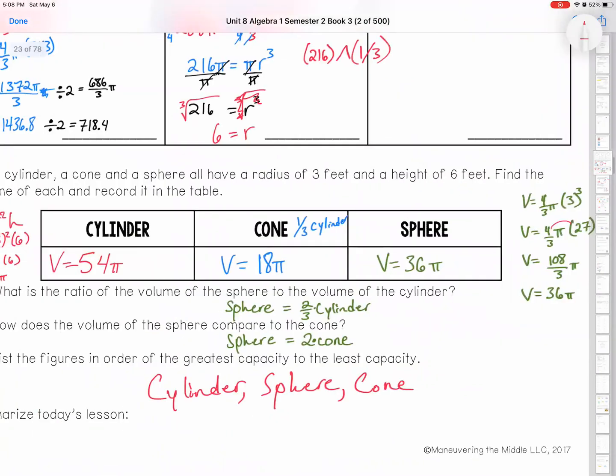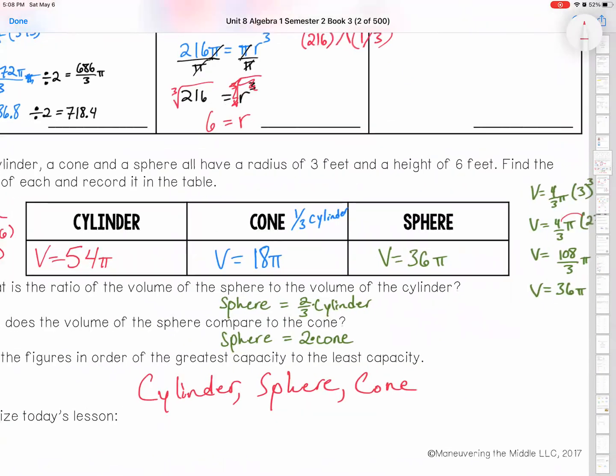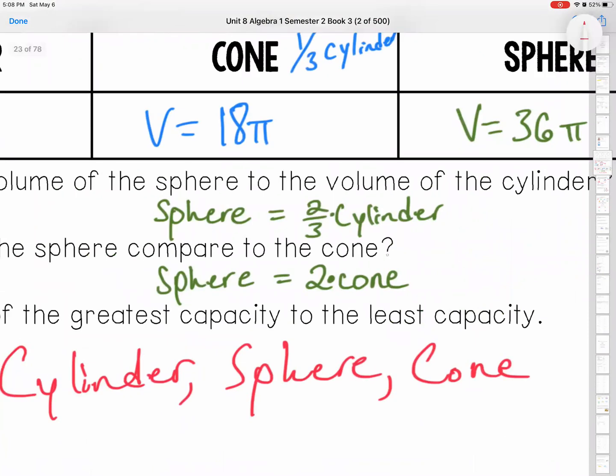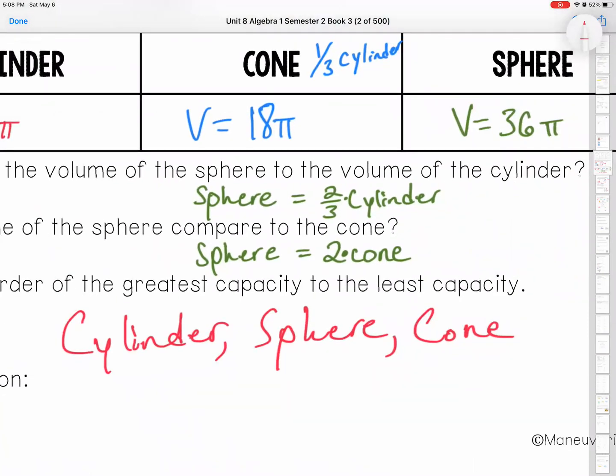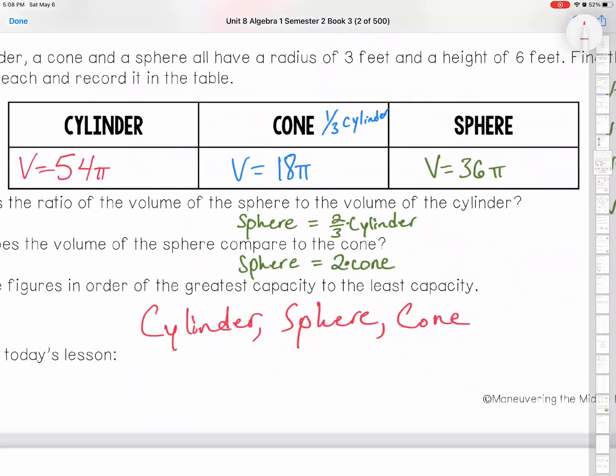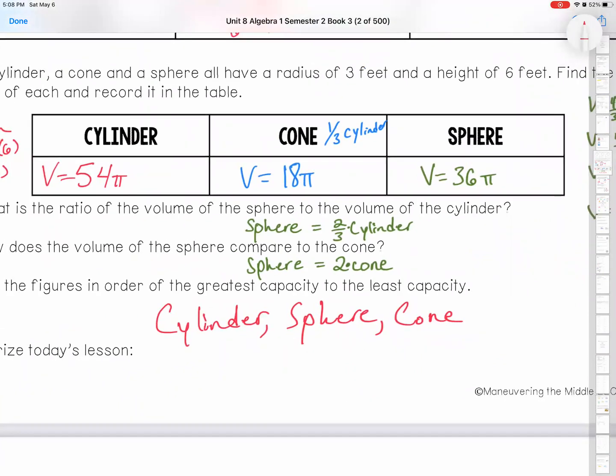So now, what is the relationship between the sphere and the cylinder? Well, again, earlier in the definition, we said that a sphere is 2/3 of a cylinder. And so that's why we're even seeing, based upon the calculations, that the sphere is 2/3 of the cylinder.